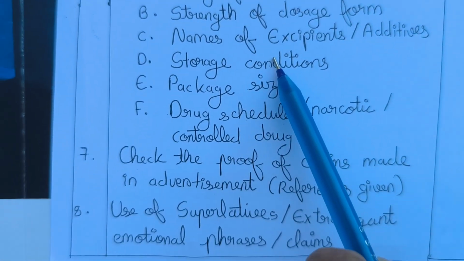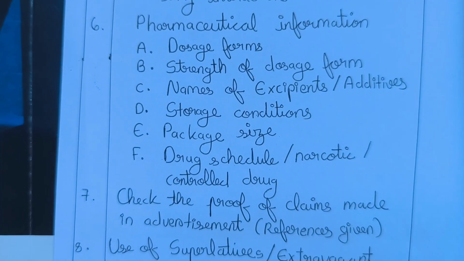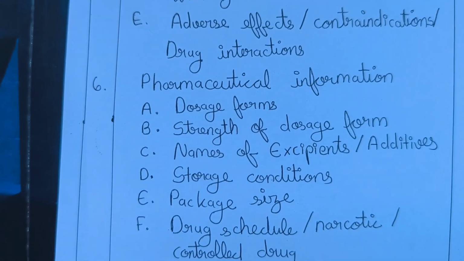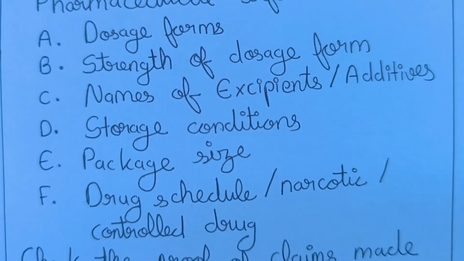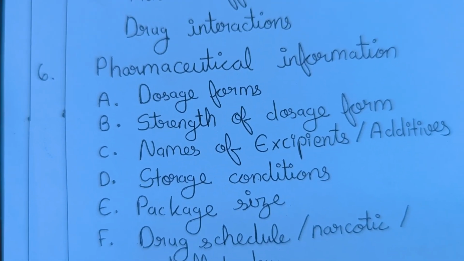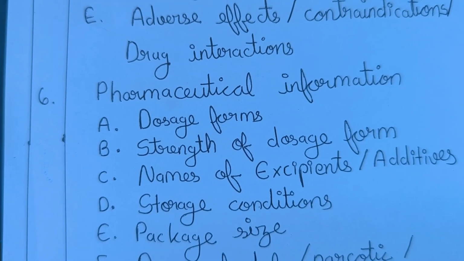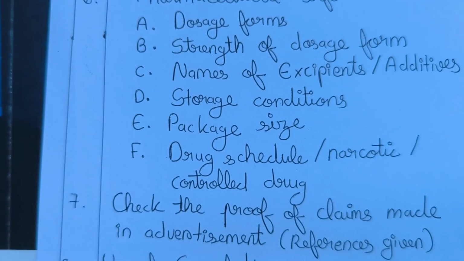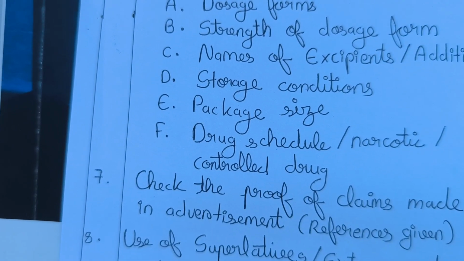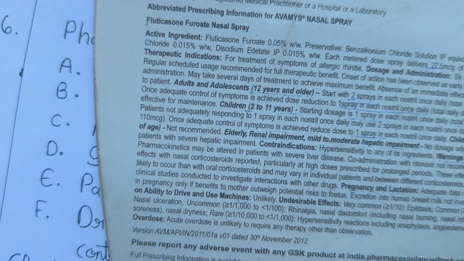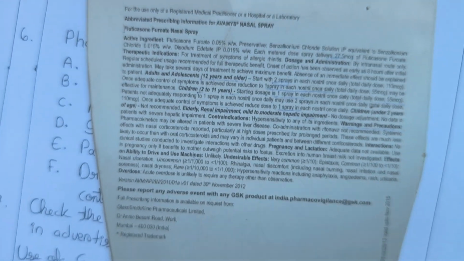Storage condition is not mentioned. Generally for particular vaccines it should be mentioned, like refrigerated temperature, like 4 degrees Celsius, but here it is not required, so it is not mentioned. Then package size, how much ml or how much microgram of spray is there.